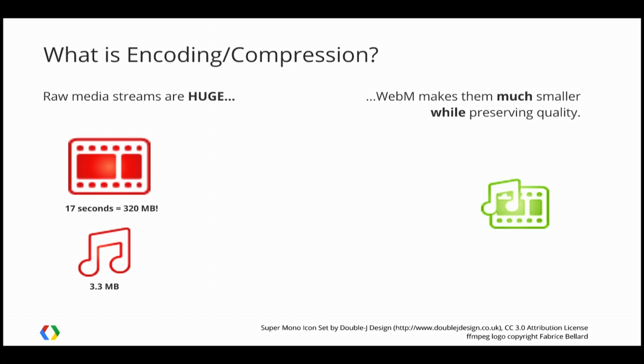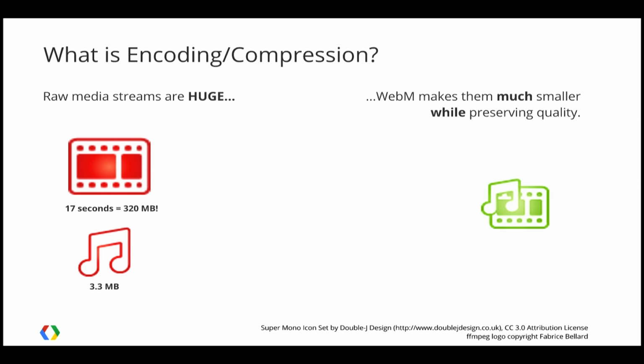So I don't know about you, but my network at home can't serve that data rate. I don't know, maybe if you had fiber, maybe, but even then, probably not. Audio, same case. The raw audio stream that I'm going to use, which is PCM samples, is 3 megabytes. Again, it's 17 seconds.